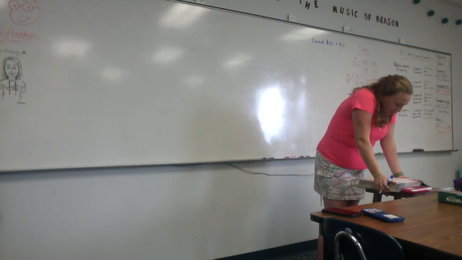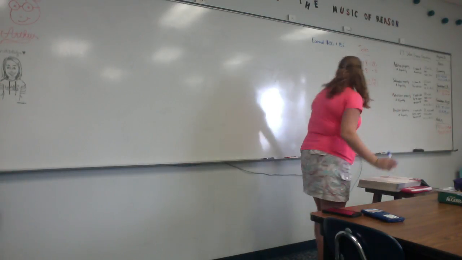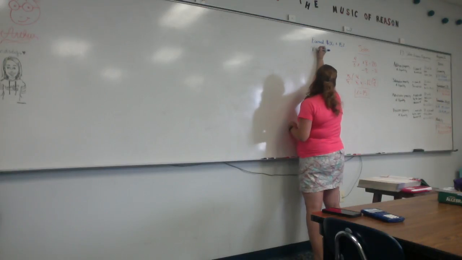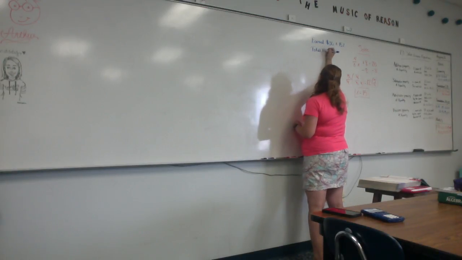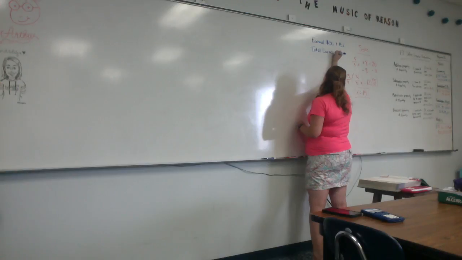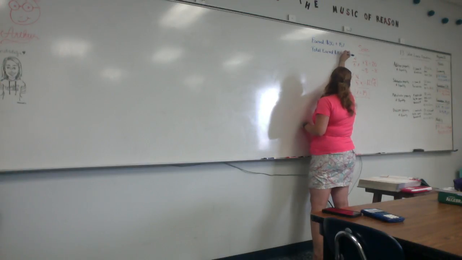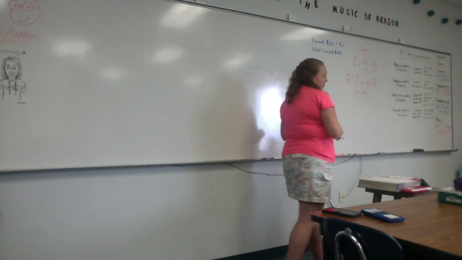The waiter earns $105. What is the total of the customer's food bills? So total earnings earned is $105. How do I set up an equation with that information?